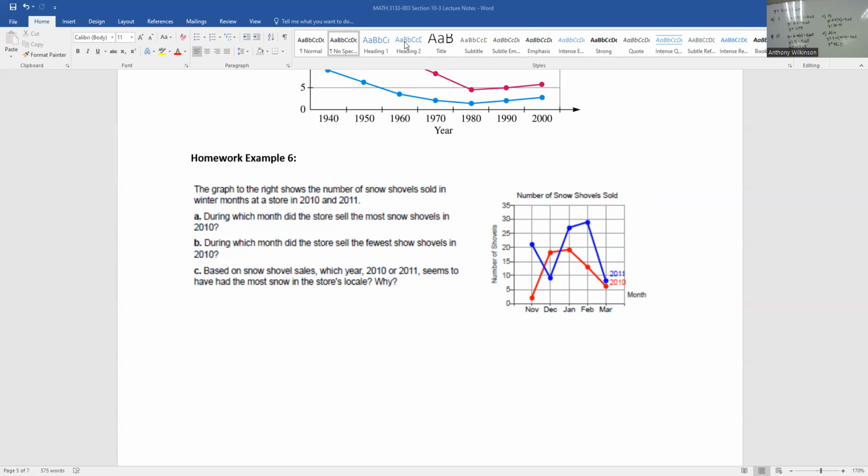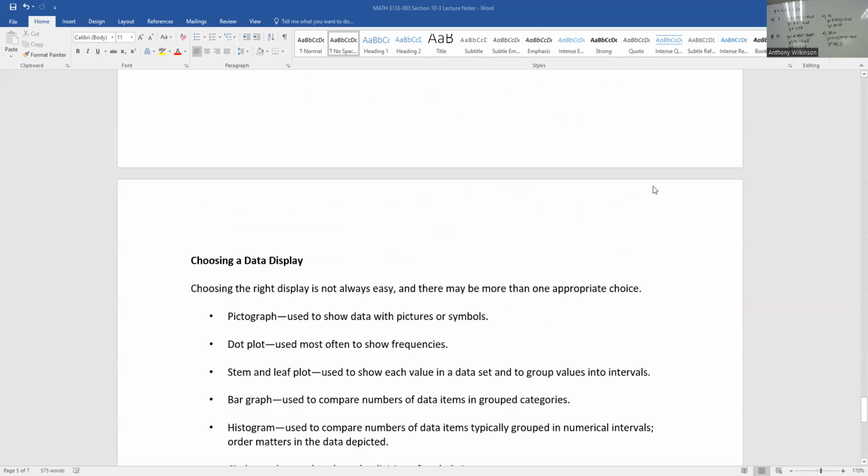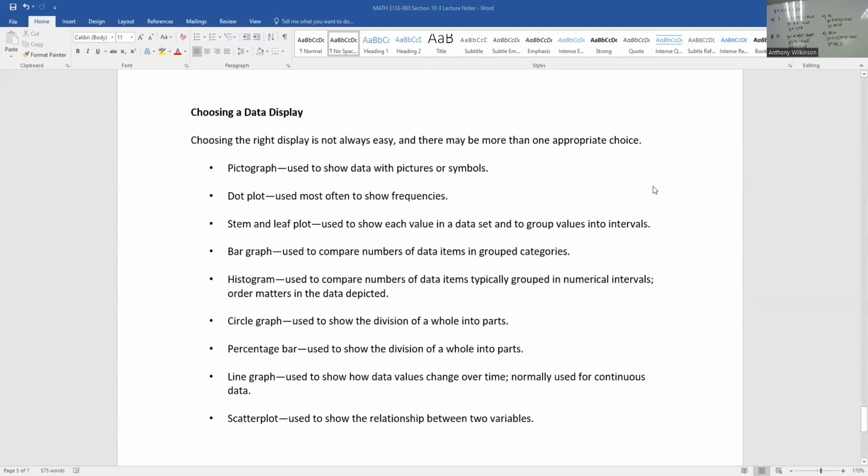Okay, the last page just talks about choosing the display, which is not easy because there's no one direct graph or display that would best be appropriate for the data that you have. So there's always more than one.